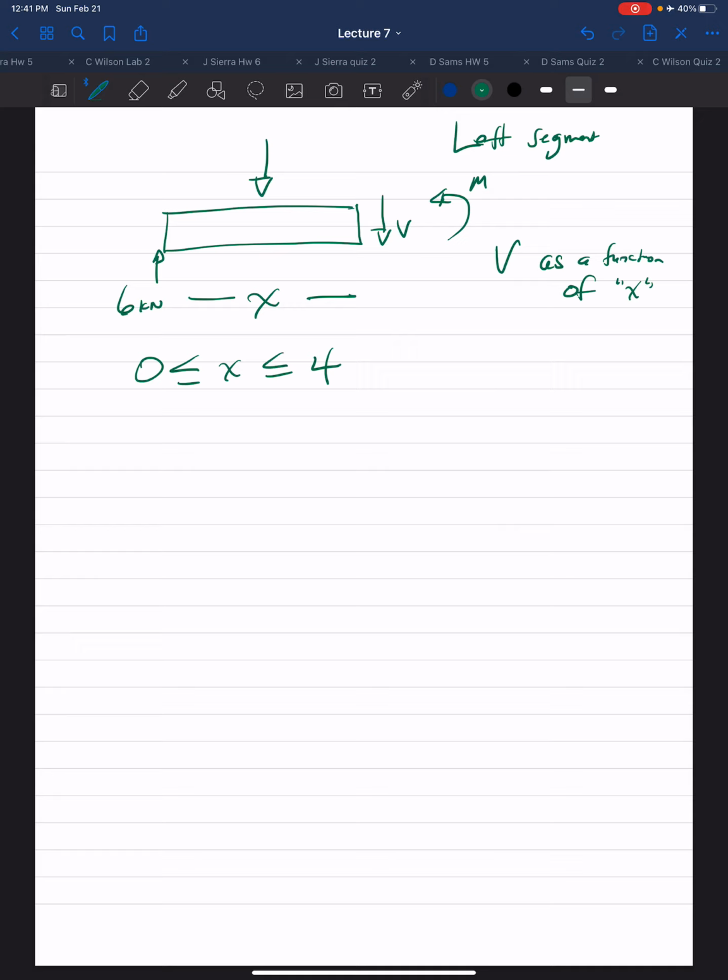So if I do the sum of my forces in the y direction, so I can solve for the V, we have to take into account the 6 kilonewton support reaction on the left-hand side, minus V, because V is in the negative direction, minus the loading. So the loading would be the height, the 3 kilonewtons per meter, times the x, the base.